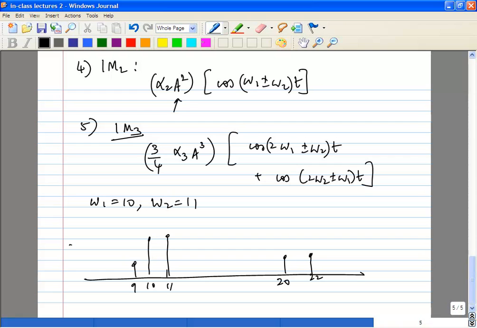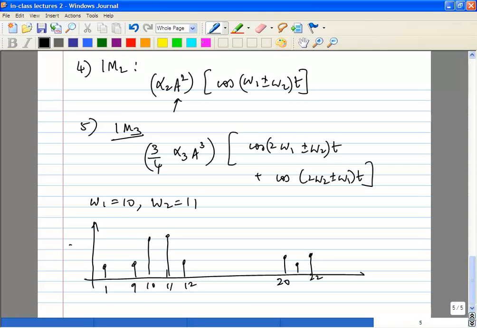And 2 omega 2 minus omega 1 is 12. Omega 2 minus omega 1 is 1, so on the x-axis you get something at 1. Omega 1 plus omega 2, you get something at 21.